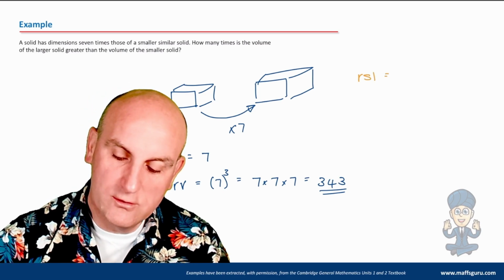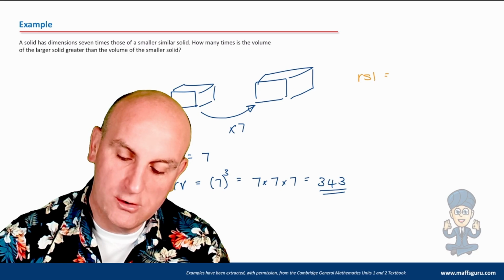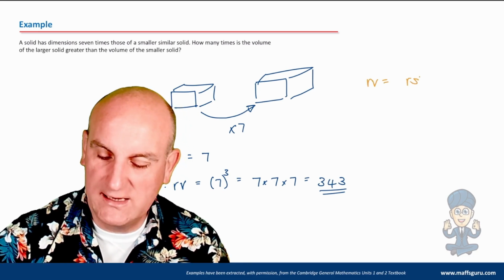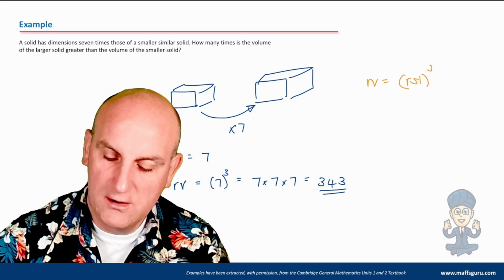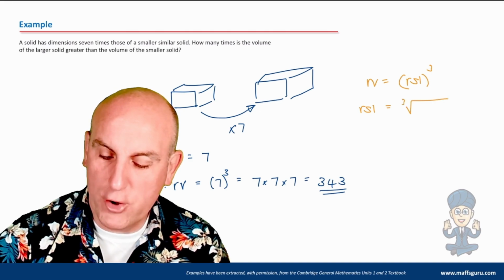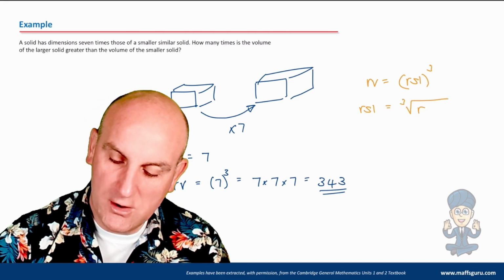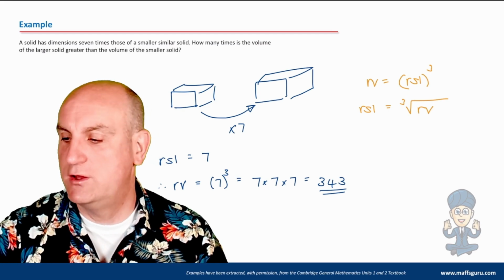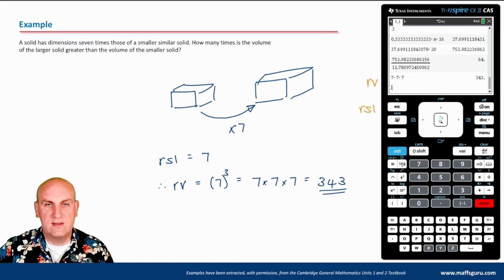Let's try that one again. As the ratio of the volumes is equal to the ratio of the side lengths cubed, we would know the ratio of the side lengths would equal the cube root of the ratio of the volumes. So if they've actually given me the volume, I'd find the cube root. Let's see if I can find that on my calculator.